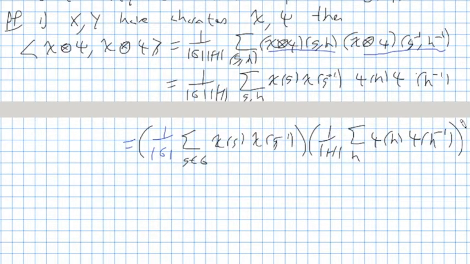This first sum is just the inner product of the character chi with itself, and this is the inner product of the character psi with itself. But x and y are irreducible representations, so chi is an irreducible character, so this is 1, and same thing for psi. So at the end, we showed that the inner product of the tensor product of characters with itself is 1. So this is an irreducible character.